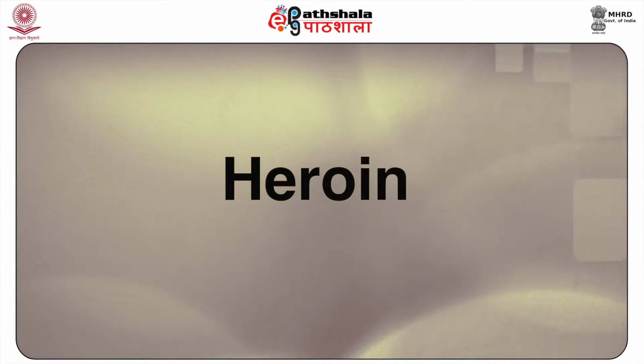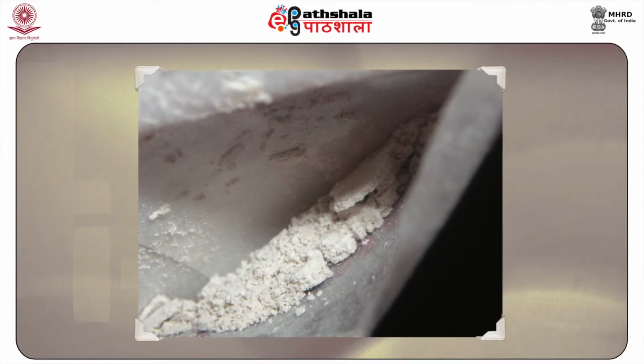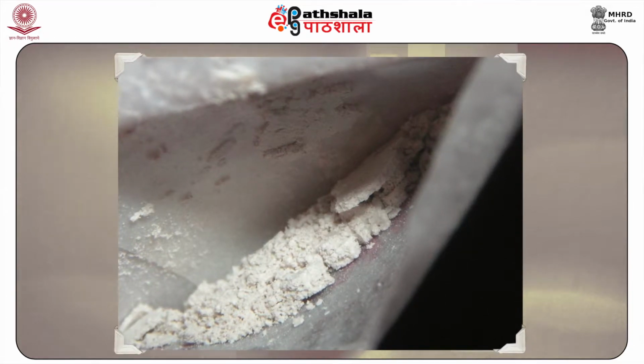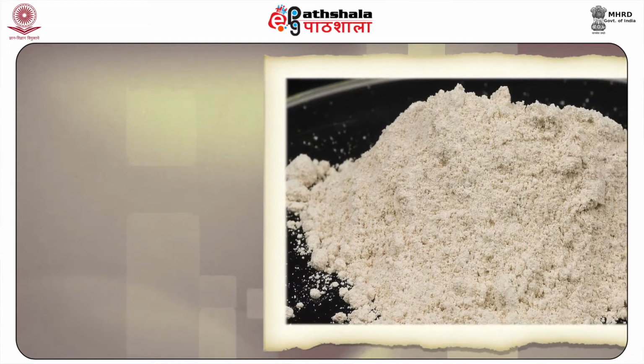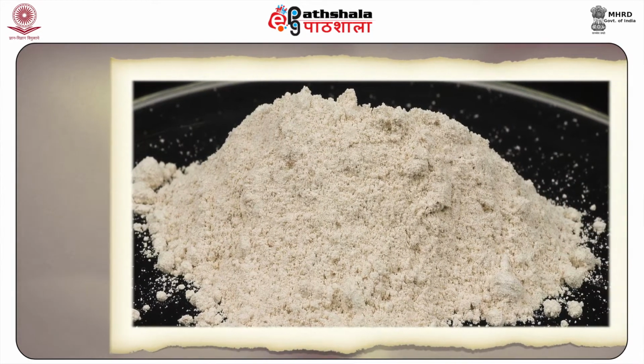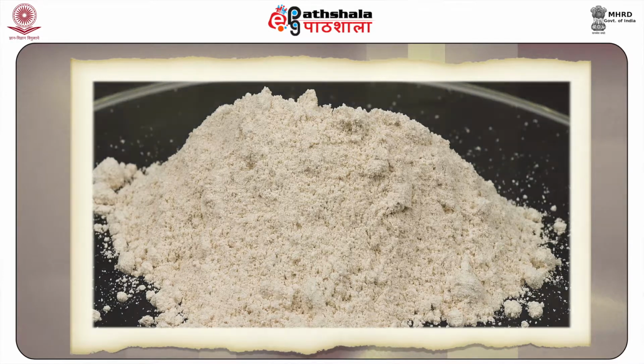Next, heroin, that is diacetylmorphine, is a white crystalline powder which is prepared by introducing two acetyl groups to the morphine found in the opium. Heroin, in impure form, is known as brown sugar. It is 10 to 15 times more potent than morphine.